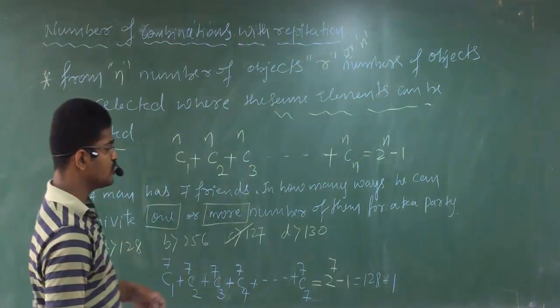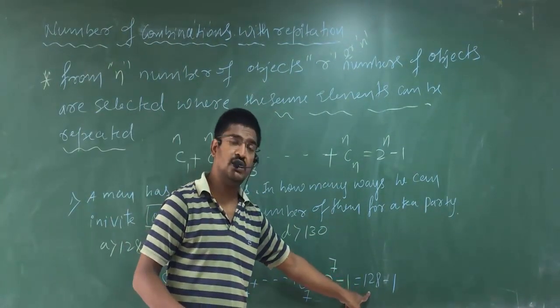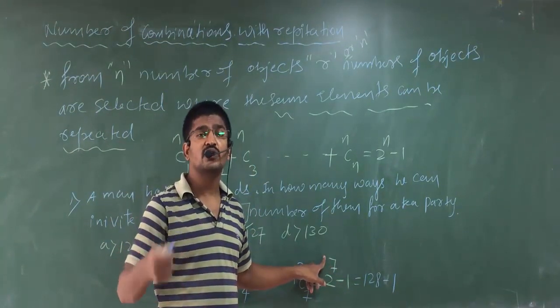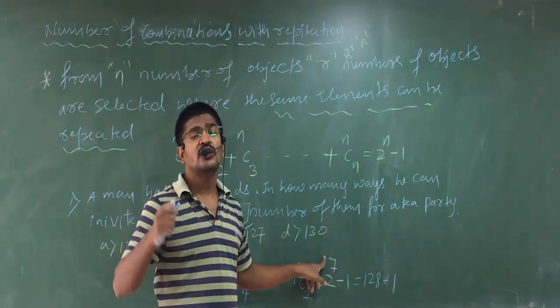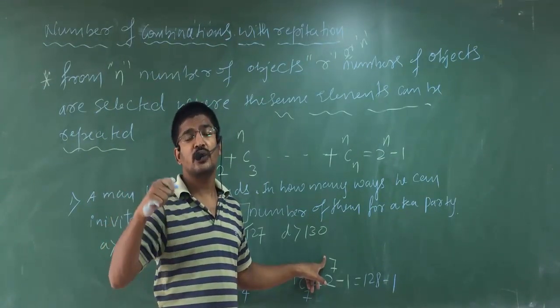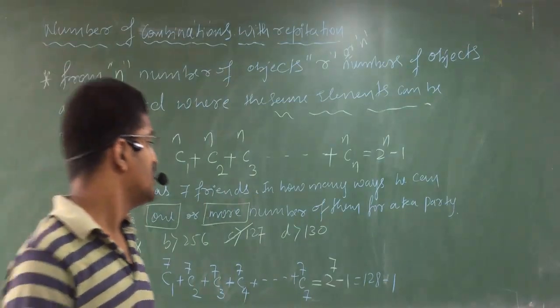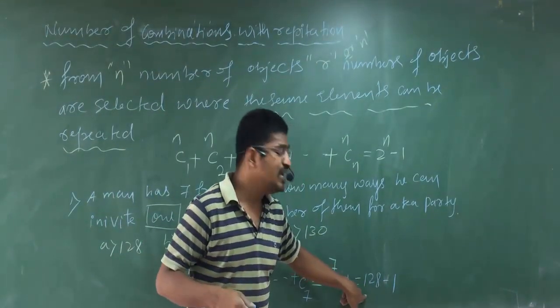So 2 to the power of 7 is 128. Clear? 2 to the power of 5 is 32. 2 to the power of 5 into 2, that means 32 into 2, is 64. 2 to the power of 7 means 2 to the power of 5 into 2 into 2, that is 2 to the power of 7, which will be equal to 128.